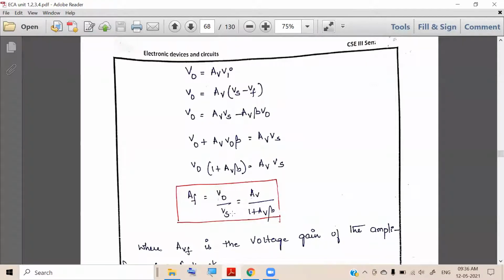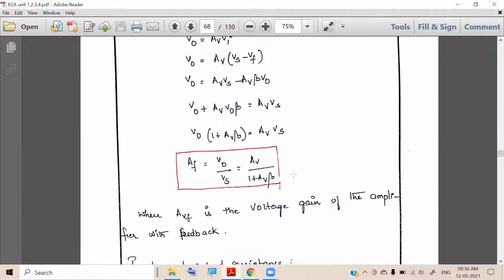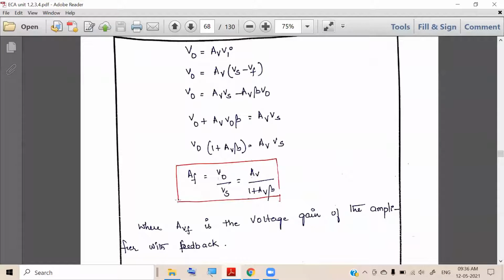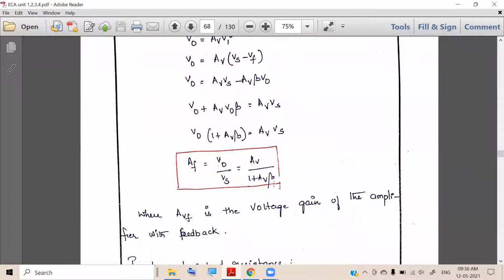So V naught by Vs will be AB by 1 plus AB beta. And V naught by Vs is nothing but the voltage gain with feedback. So what did we observe? For voltage series feedback, the gain reduces by a factor of 1 plus AB beta.